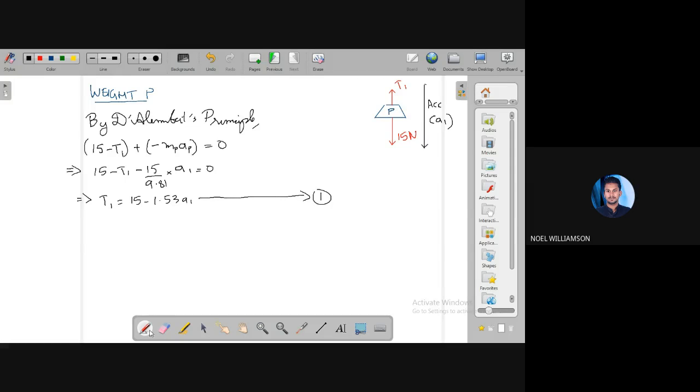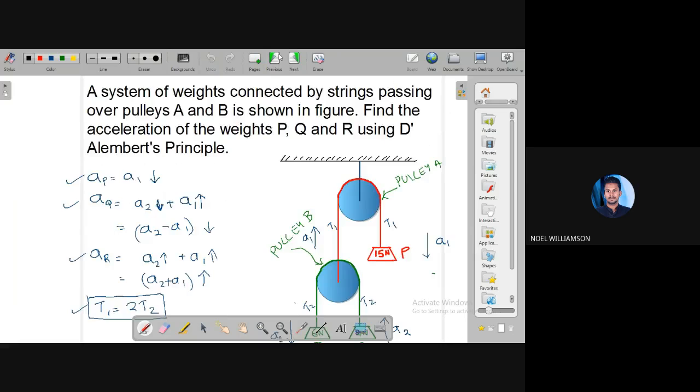Now the next weight, that is weight Q. What are the forces acting on weight Q?